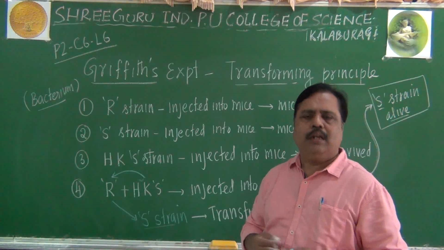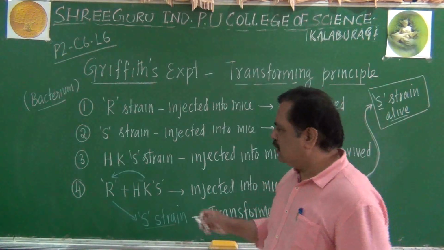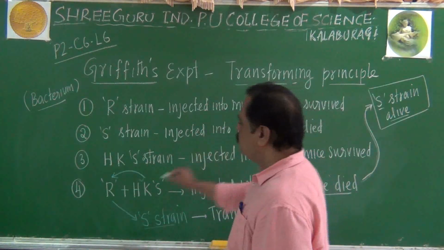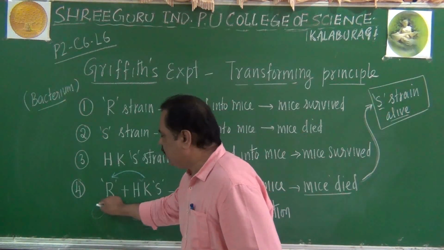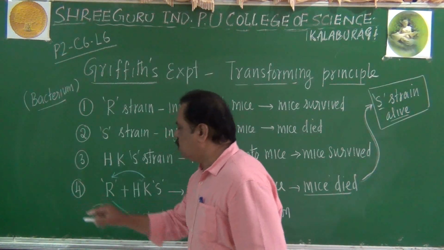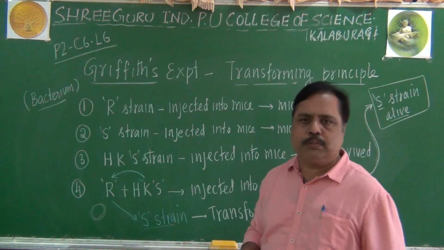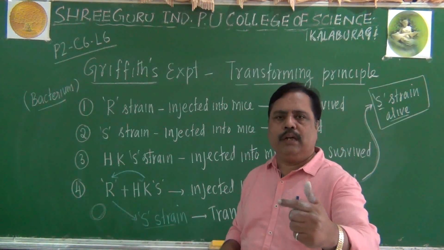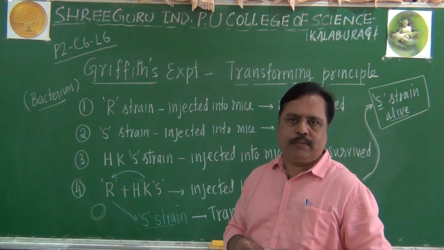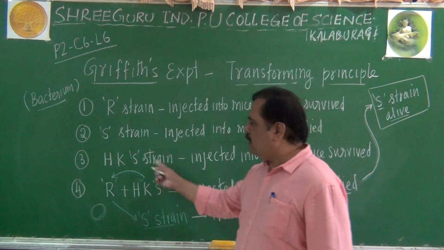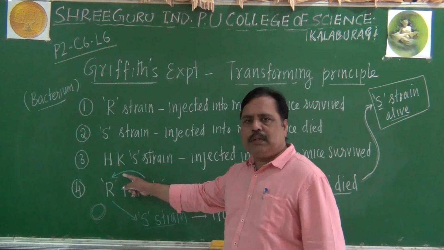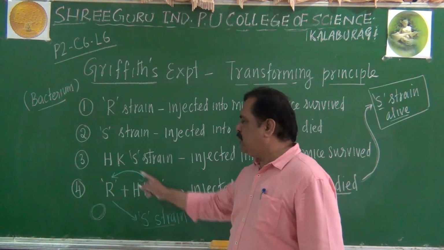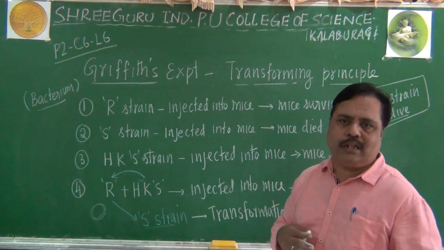Transformation. How it has been transferred means this R type produced smooth polysaccharide covering outside it, so that a rough covering has become smooth covering and non-virulent has become virulent. But what has transformed, what has been transferred from the HKS to R type, he could not tell.